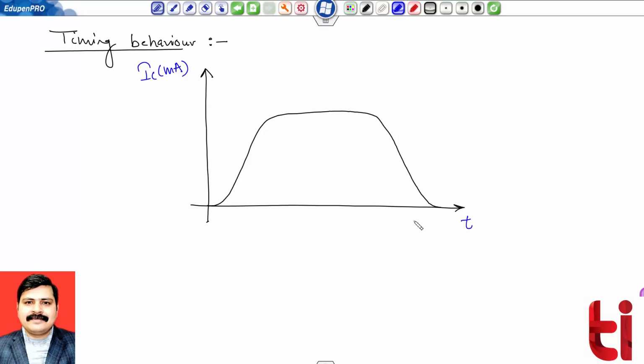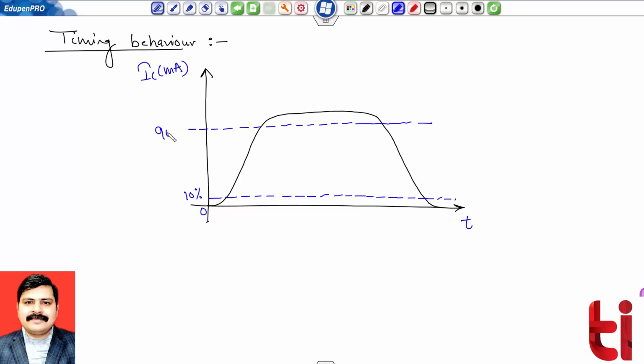This is my time period T. From 0 the transition starts, and this is the level when 10% of the maximum signal is achieved.